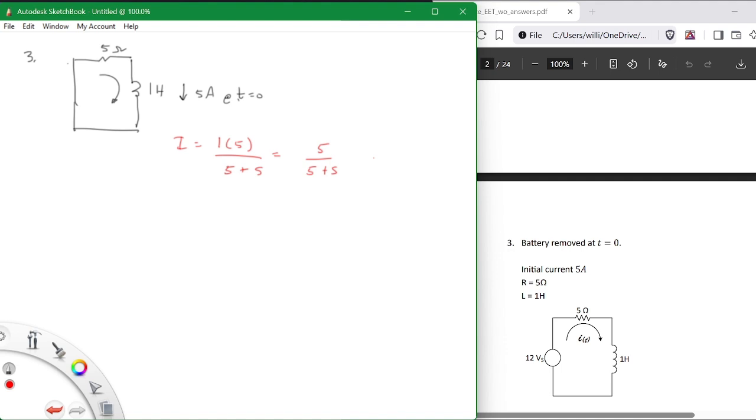How do you solve this one? This one you can go straight to rule number 2. You don't have to do separation of variables. You can say it's 5, S, A equals minus 5.